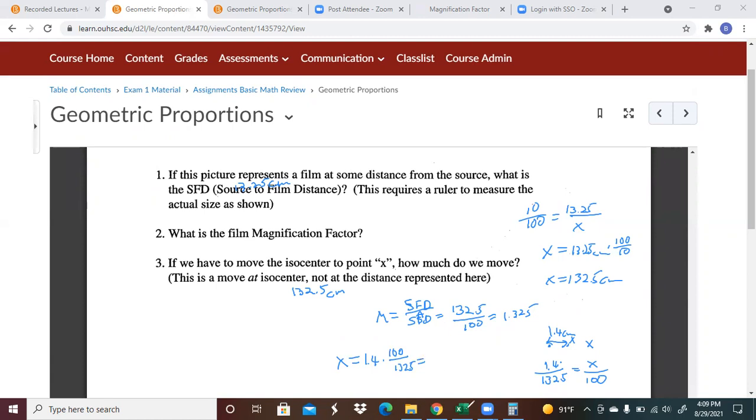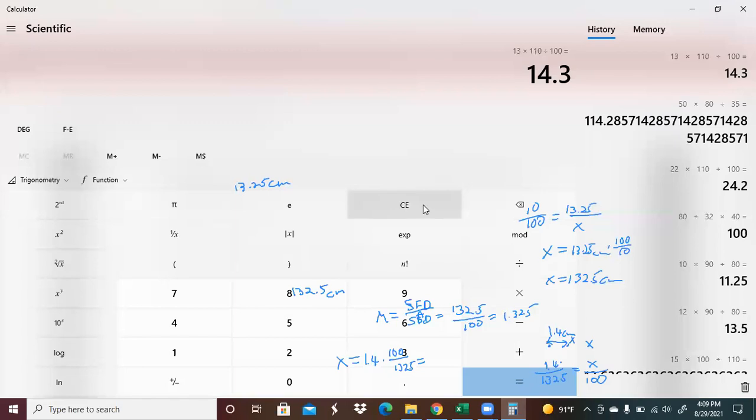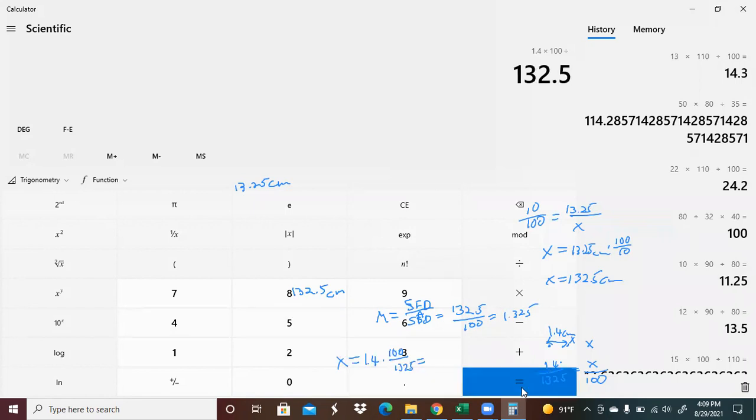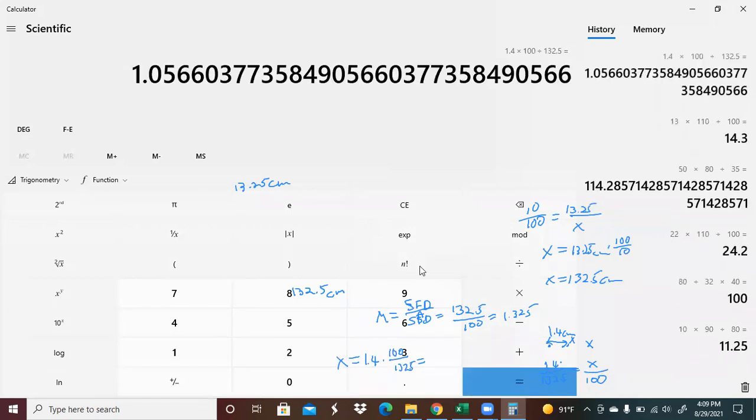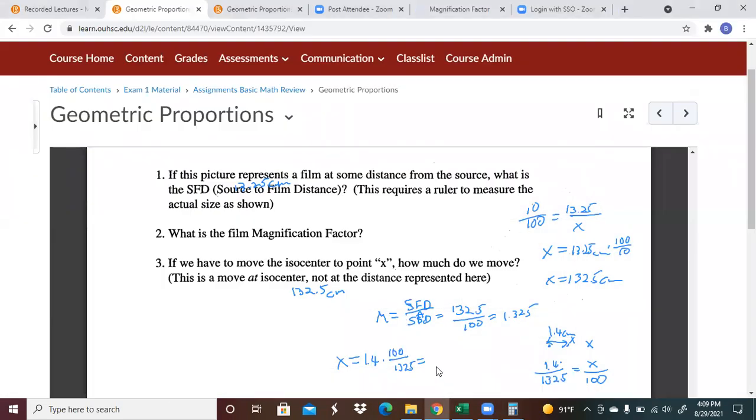And that is going to be equal to, all right, 1.4 times 100 divided by 132.5. The answer here turns out to be 1.06.